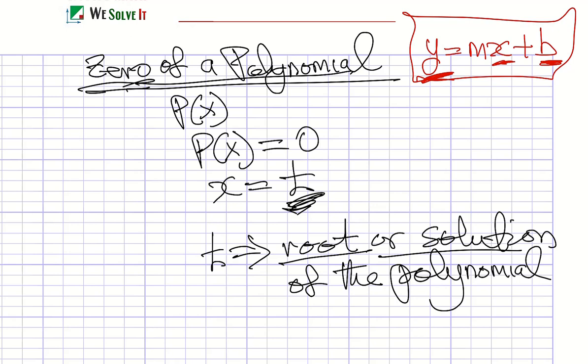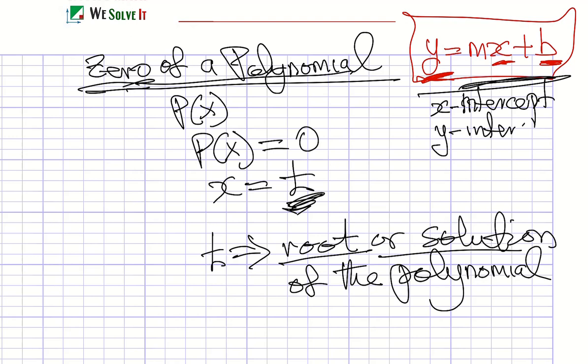Knowing the zeros of a polynomial allows you to draw the graph. Remember, that's what we did when we were given a linear equation in two variables. We used the x-intercept and y-intercept. We find them, and then we use them to draw the graph.